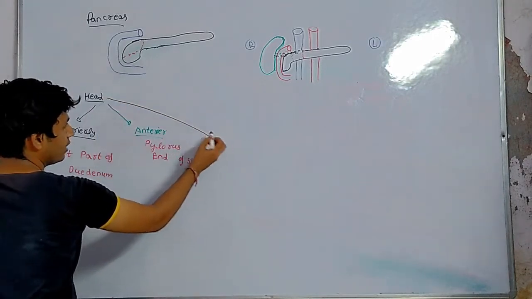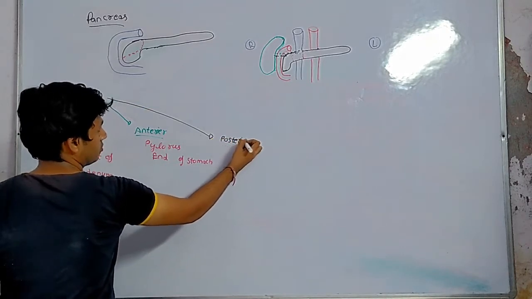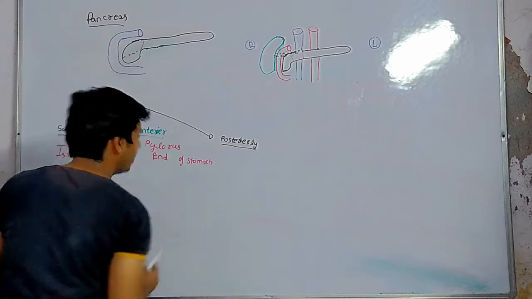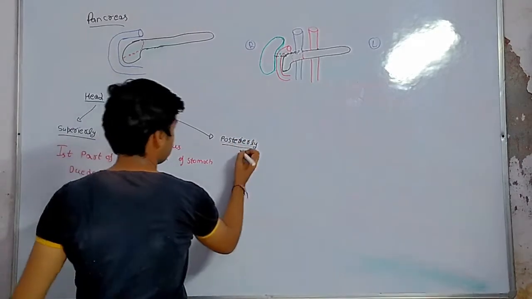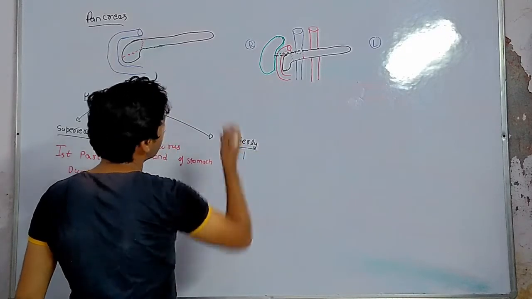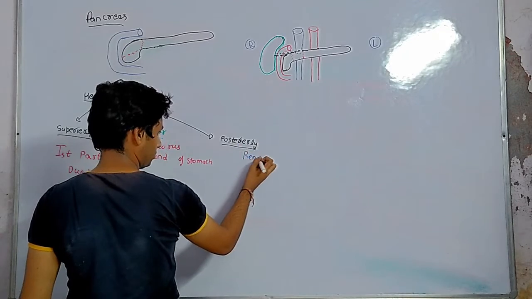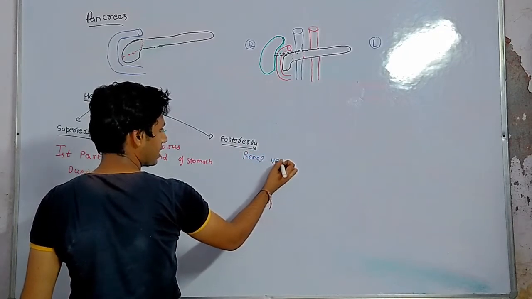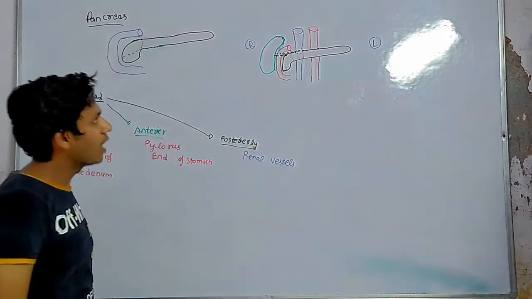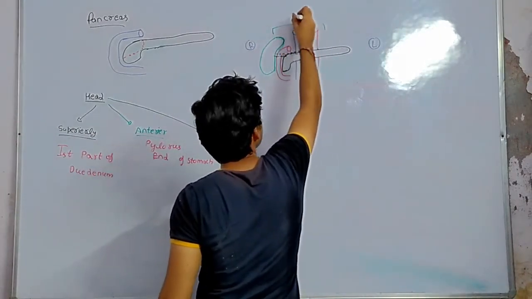So posteriorly, we have renal vessels also, which include the renal artery and renal vein. These all are posterior things.